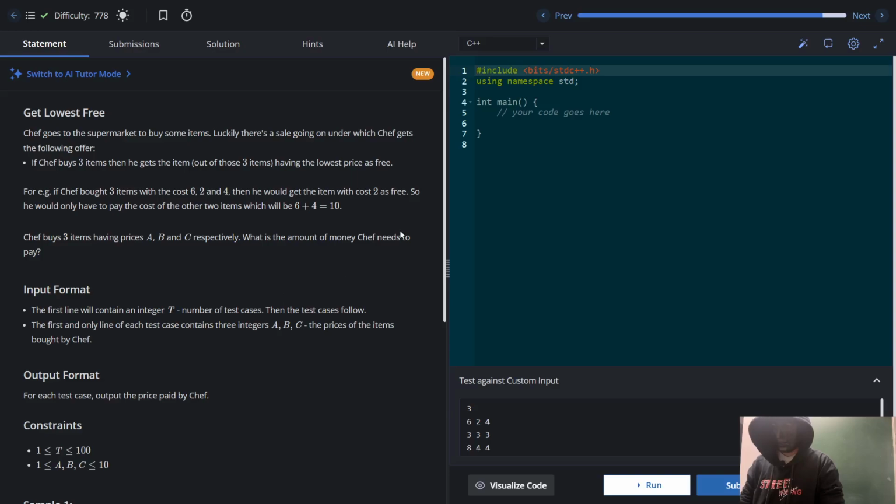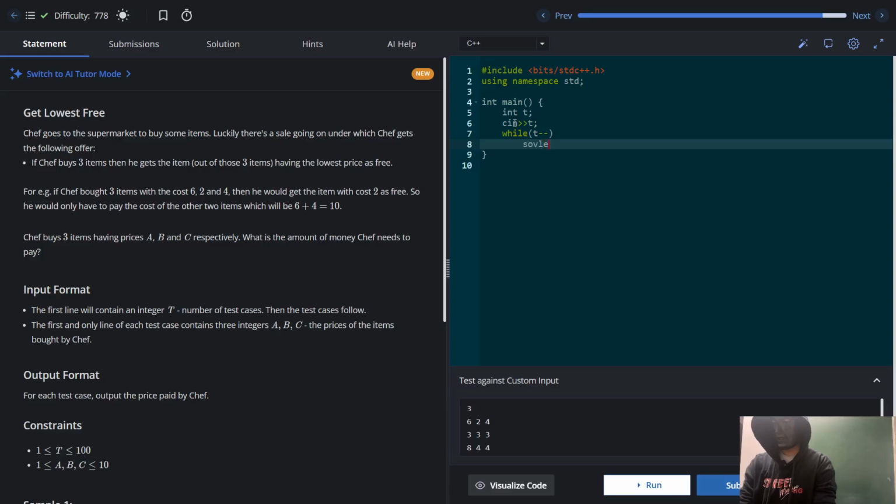So this is easy. First let's take input. We have integer t denoting the number of test cases. For every test case, we'll call a function solve.